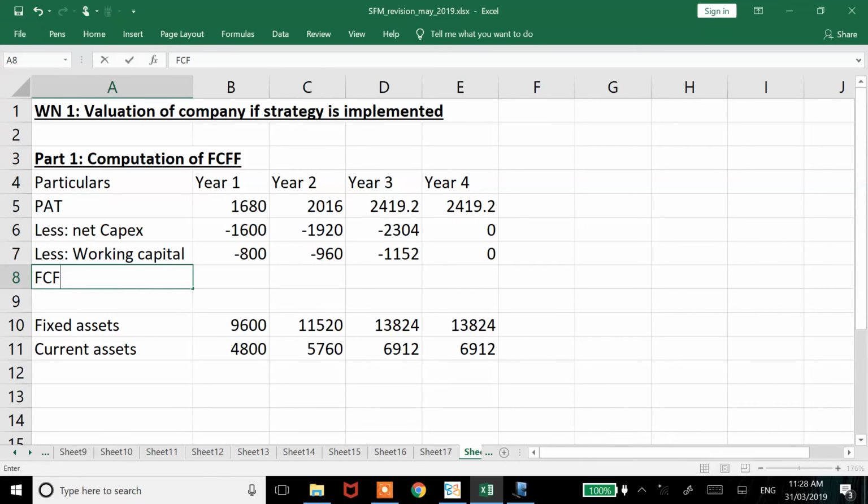This is technically FCFF, free cash flow to the firm. It's basically PAT plus depreciation minus capex minus working capital. I have ignored the concept of depreciation here and written it as net capex. FCFF.